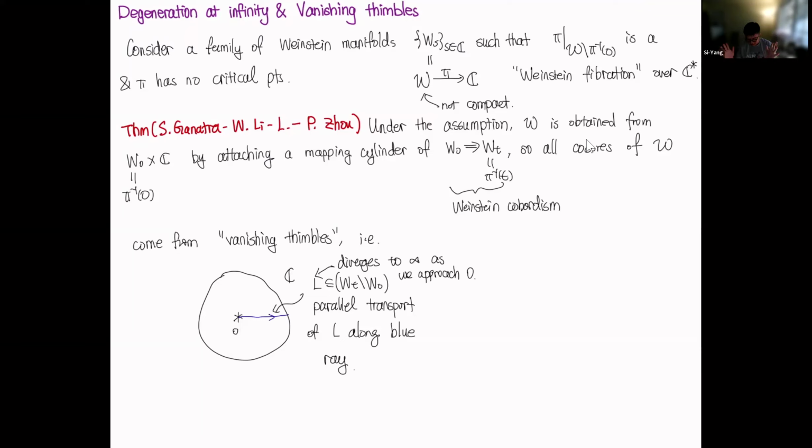So these are called the vanishing symbols, and our result is just saying that. Sorry, I should say this is not in the paper, but in preparation. So that we can understand the symplectic topology of all such families by looking at these vanishing symbols.